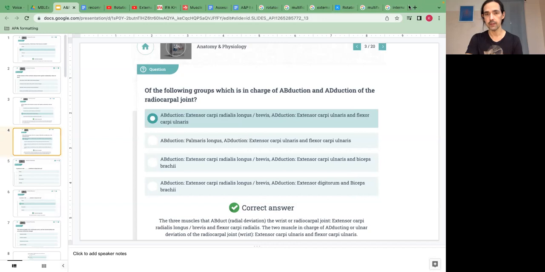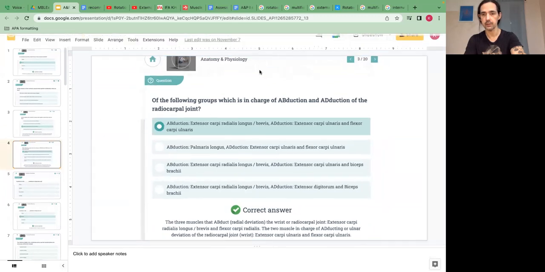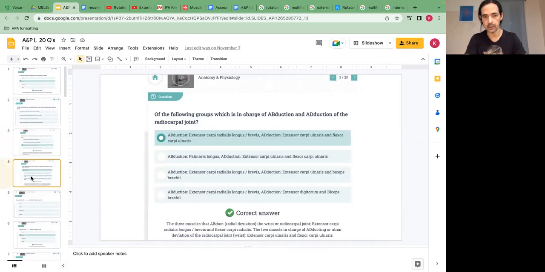Of the following groups, which is in charge of abduction and adduction? The answer is right there.